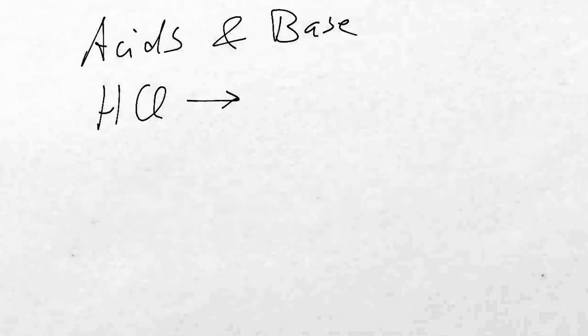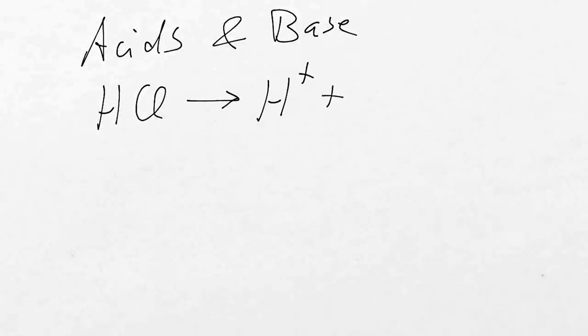And we said an acid is really something that is a proton donor, gives off protons, and the base is a proton acceptor. So I gave you the example of, say, HCl in water, which would react to H plus Cl minus.